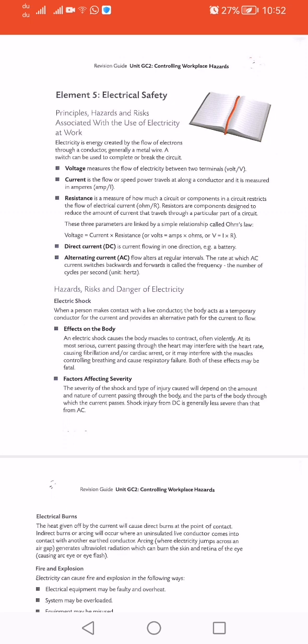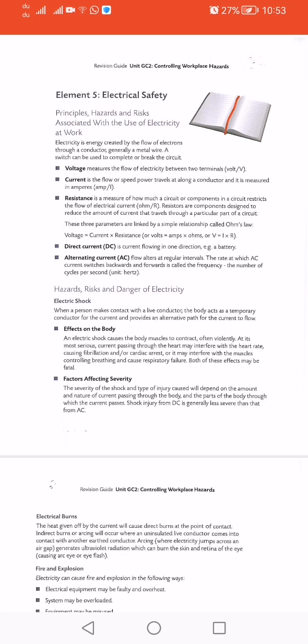Then what is direct current, right? Direct current is the current that flows in one direction. Example, a battery. A battery is direct current, right? Then also alternating current. Alternating current is also called AC. It's the flowing of current that alternates at a regular interval, right?